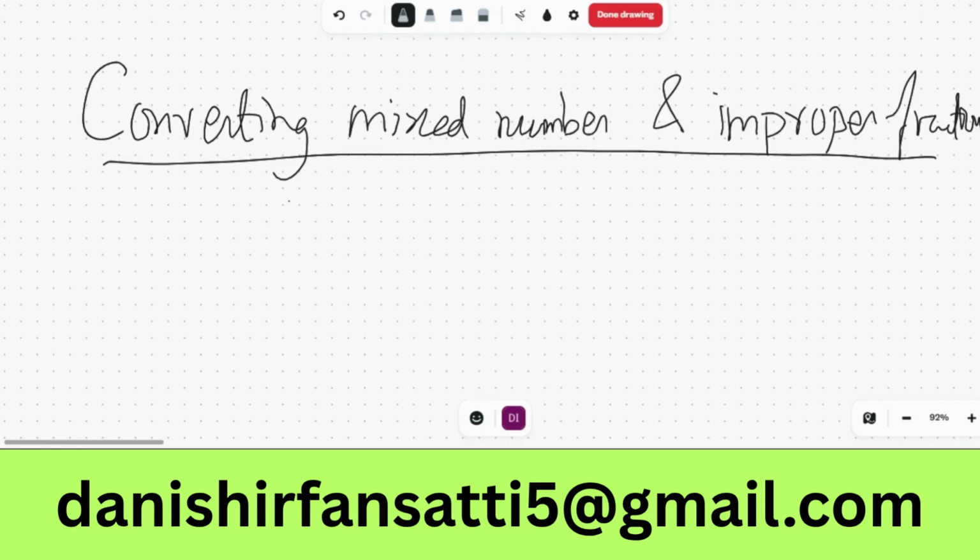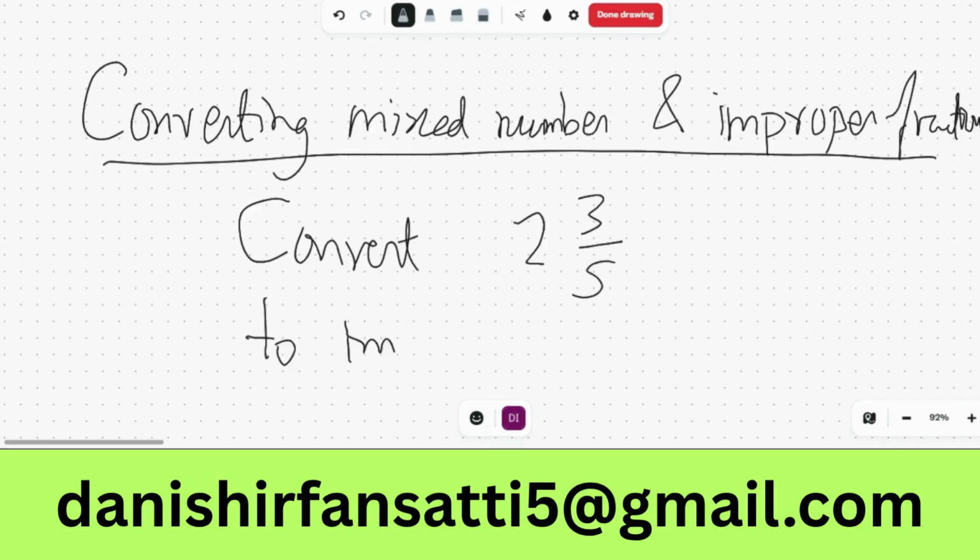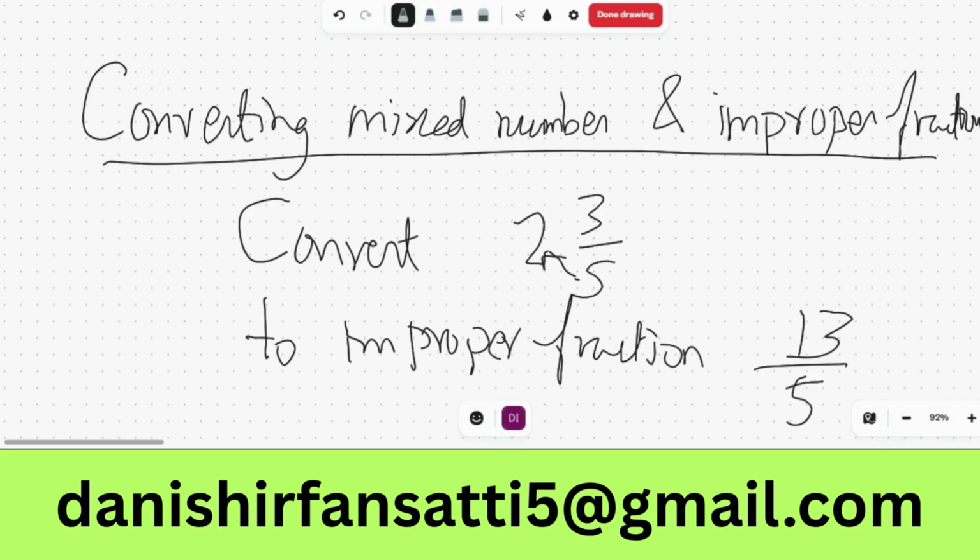For example, convert 2 and 3 by 5 into an improper fraction. We will simply multiply this 5 with 2 and then add 3. So 5 twos are 10, 10 plus 3 is 13, and 13 by 5 is the improper fraction of that value.